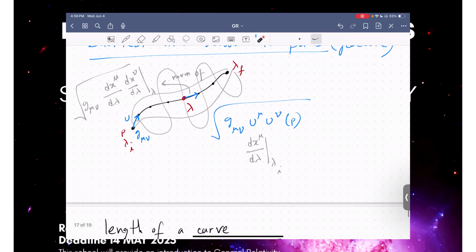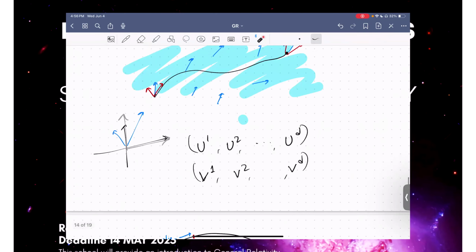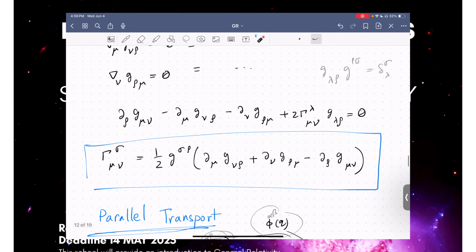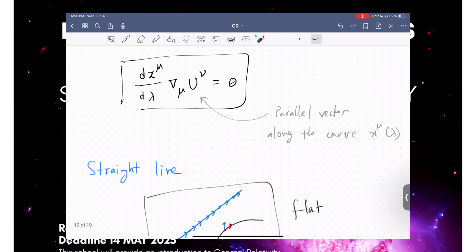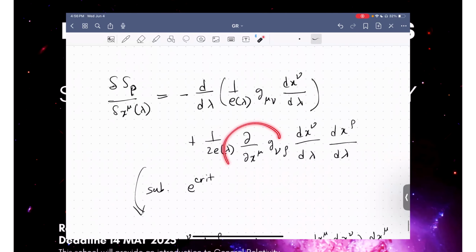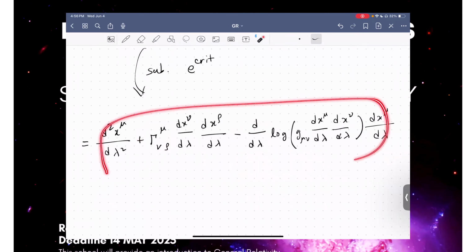And now if you recall our definition of the metric compatible Christoffel symbol, it also involves derivatives of the metric. So if you carefully do this variation, all these derivatives of the metric, they will combine to give you this Christoffel symbol, okay? So you end up with this expression.